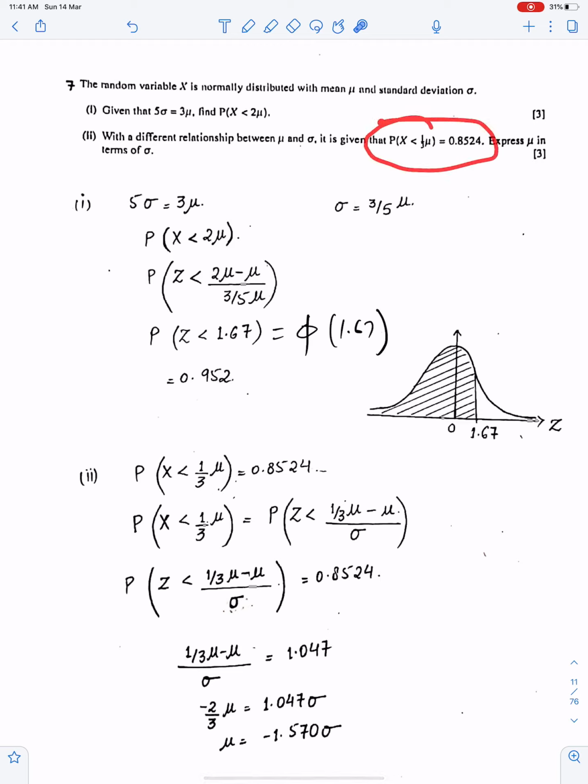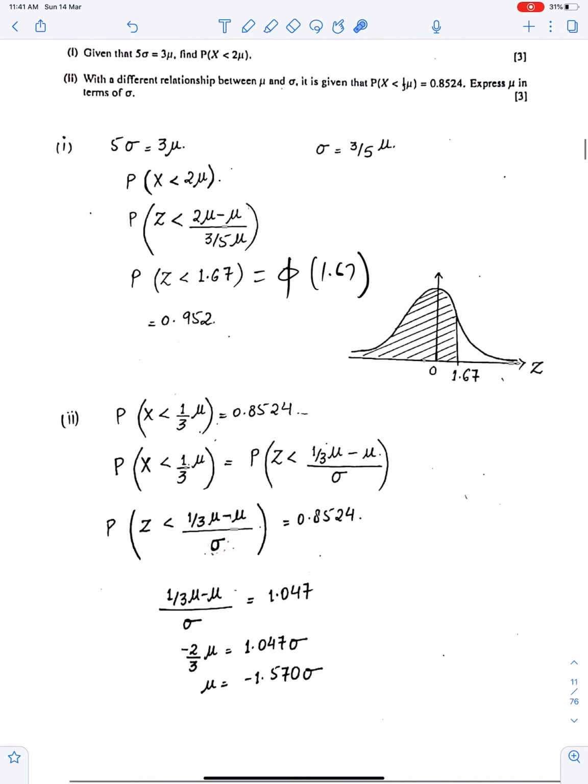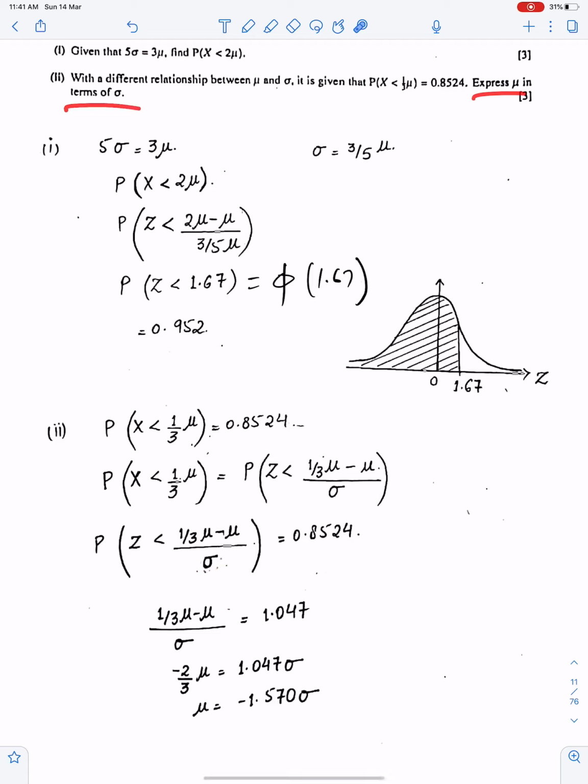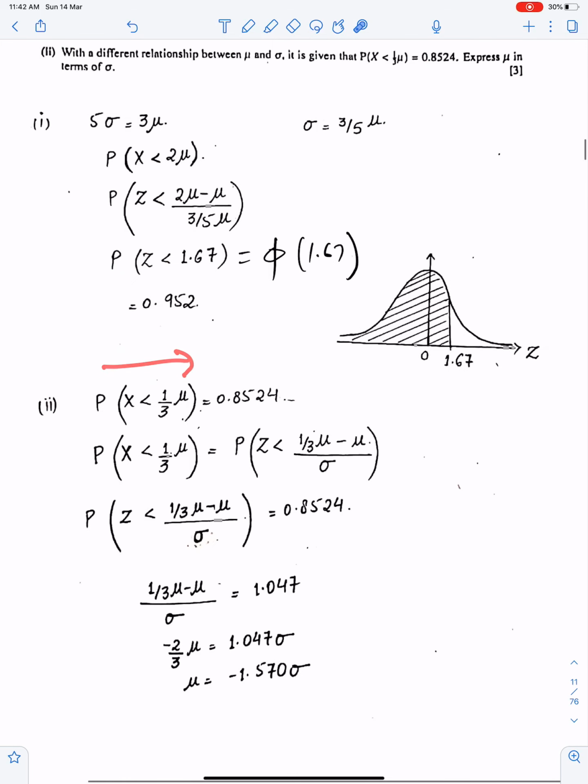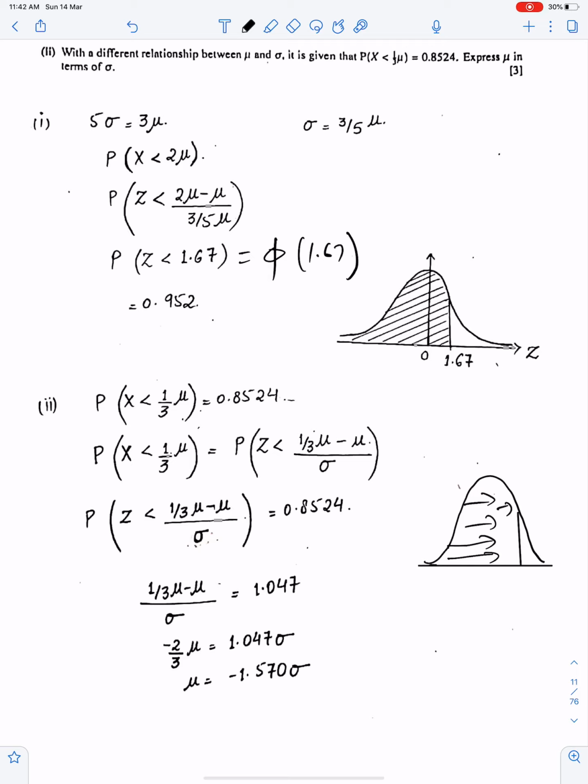Now we have another equation, and with the help of these two, we can get mu and sigma. We need a relation between mu and sigma, in fact. So 1 upon 3 mu, this thing. Now this is inverse normal. Whenever a probability is given, the question is one of inverse normal. Now you need to shade this area according to this sign. Let me sketch this and shade this area. You need to shade in this way, from lower tail towards upper tail.